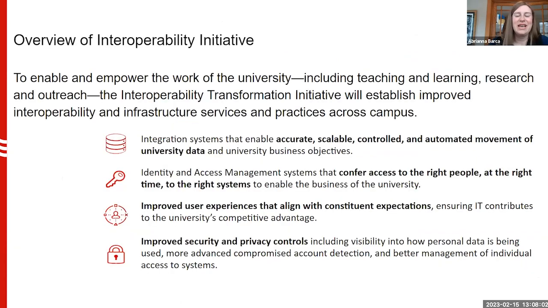All right. So as mentioned, the Interoperability Initiative is a major project that all of the work that we're going to discuss today falls within. The work of the Interoperability Initiative is spread across a couple of different teams, all within our parent department called Application Infrastructure Services. You can see here there's a really high-level mission statement.